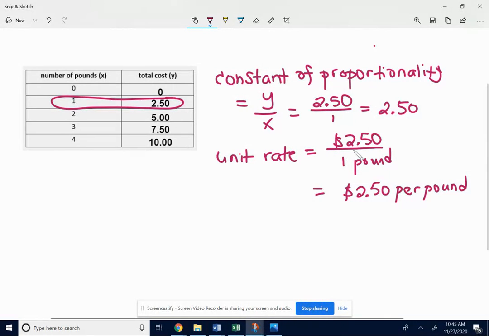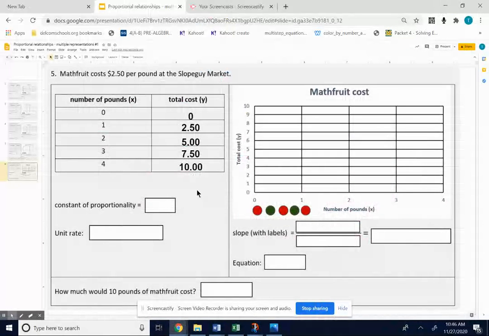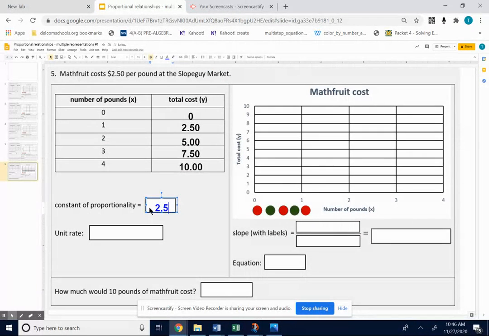So my unit rate would be $2.50 divided by 1 pound would be $2.50 per pound. Okay, so our constant of proportionality, just keep it looking like money, 2.50. And the unit rate would be $2.50 per pound.